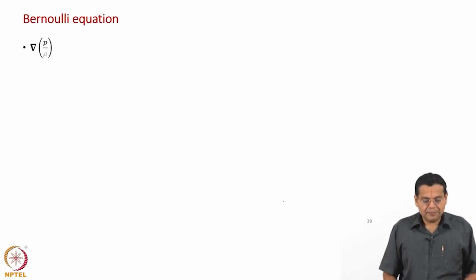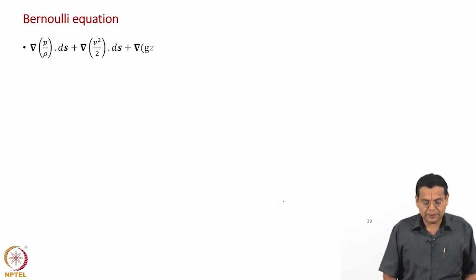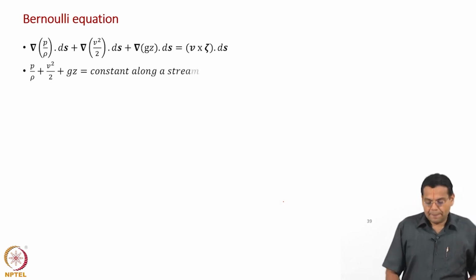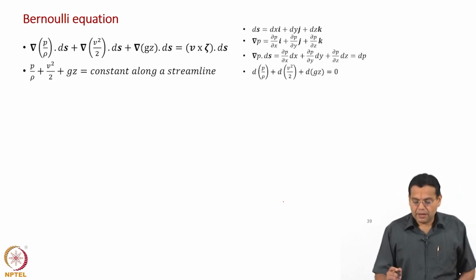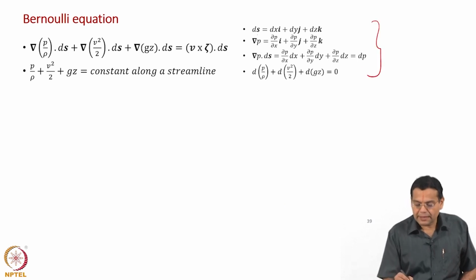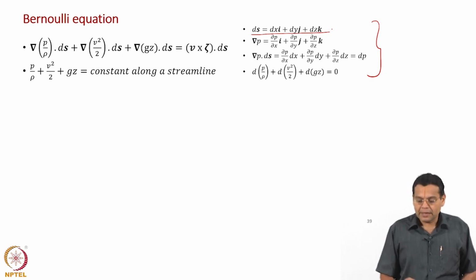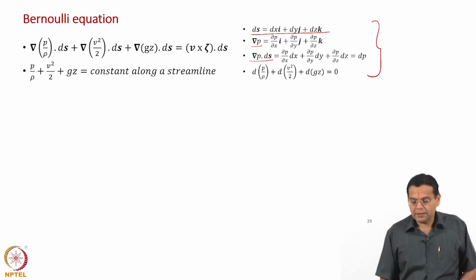Let us recall what we have done for this Bernoulli's equation, the last two steps. We took the dot product with the ds vector, and then the right hand side was 0. Then we had these steps where the ds vector was expressed in terms of dx i, dy j, dz k, and then we took an example of the gradient of p, and saw the dot product was nothing but the total differential of p, dp.